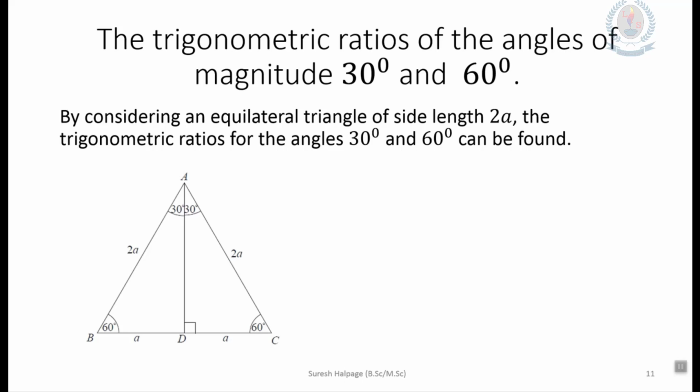Trigonometric ratios of the angles of magnitude 30 degrees and 60 degrees. How can we find the ratios for 30 degrees and 60 degrees? For that, I will take an equilateral triangle.